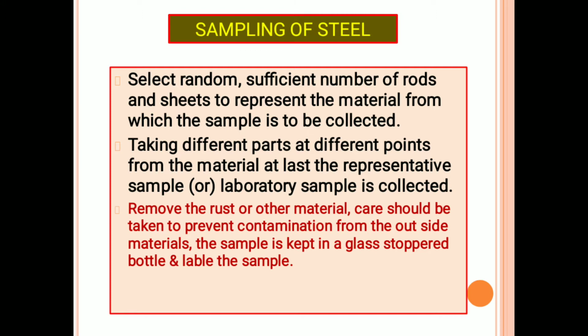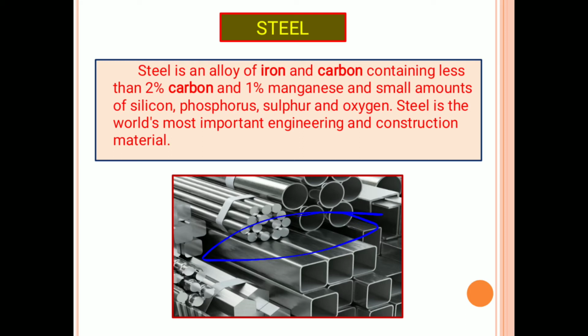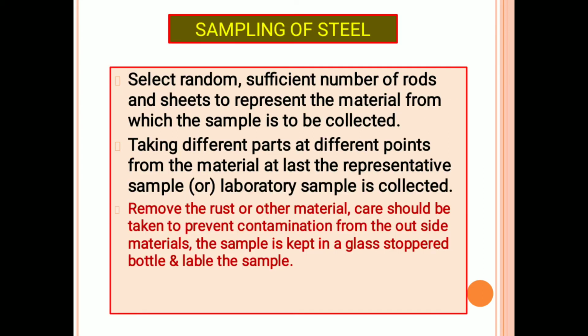Now, if you want to analyze any sample, first of all, we need to go through the sampling step. Now, the sampling of steel. First of all, you need to select a random sufficient number of rods and sheets like this to represent the material from which the sample is to be collected.